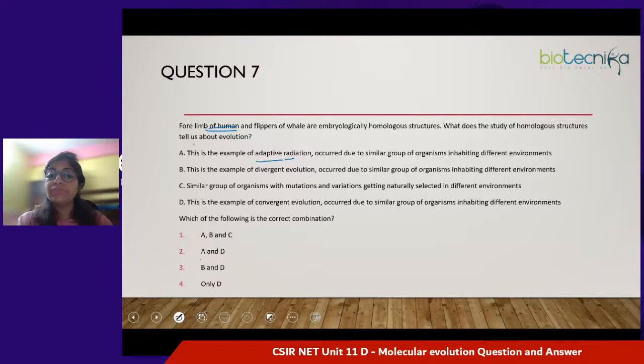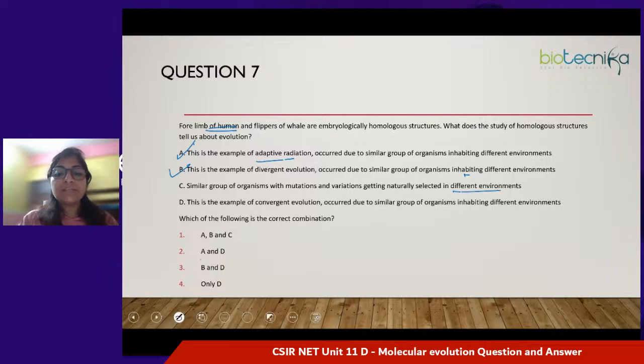Now, B says this is an example of divergent evolution occurred due to similar group of organism inhabiting different environment. Now, that is also true because they are both mammals, but since they are now accustomed to live in different environment, that is why they are using it for different function. See, similar group of organisms with mutations and variation getting naturally selected in different environment.